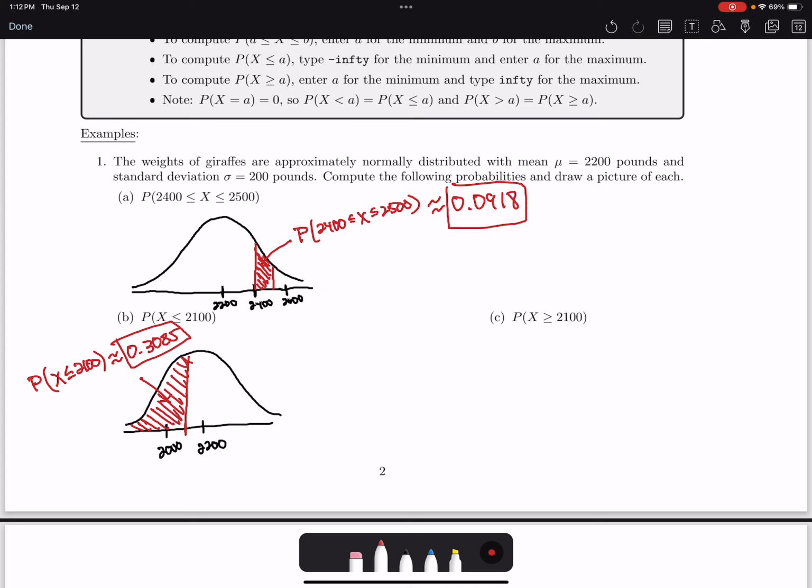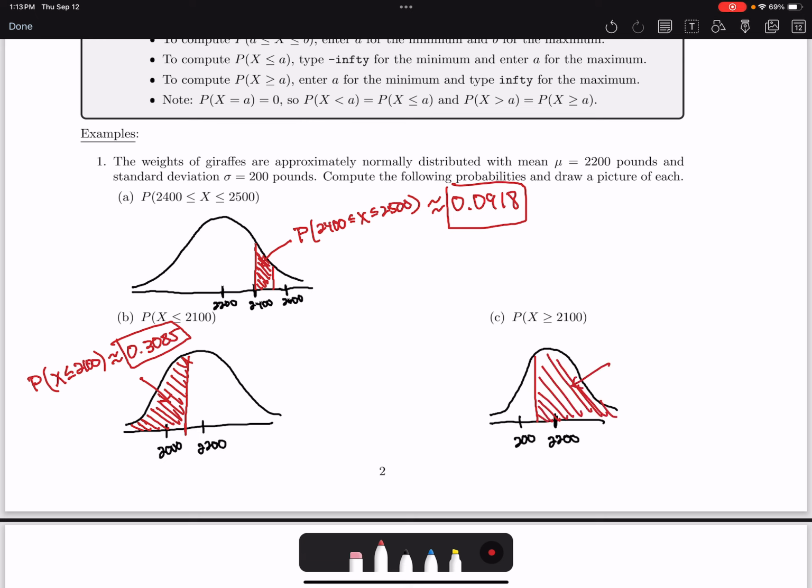Part C is looking for the probability x is greater than or equal to 2,100. Well, that's just going to be kind of the mirror image of what we did in part B, right? We have 2,200, 2,000, and 2,100 would be right in the middle. But this time we're looking for the probability x is greater than this, right?